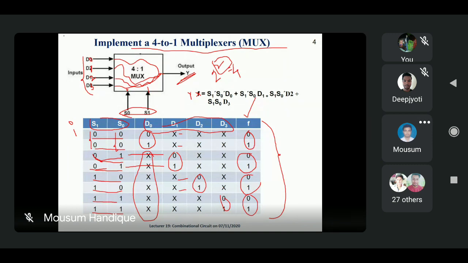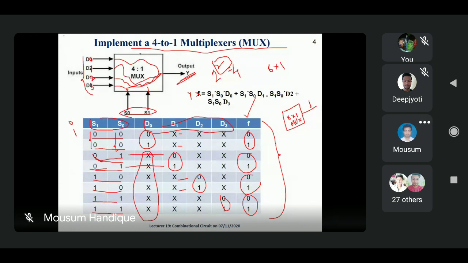If I am writing an 8 into 1 multiplexer, 8 input lines are there, and the selection lines are 3, because 2 to the power 3 is 8.